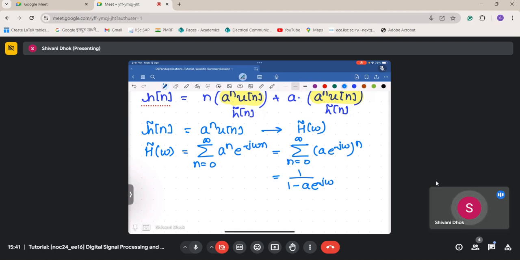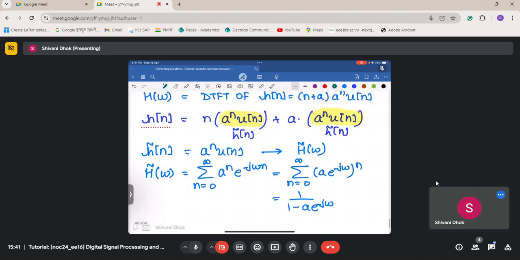So therefore, this part here, let's name this as b of n and this as a of n. Okay, just be consistent with notations.